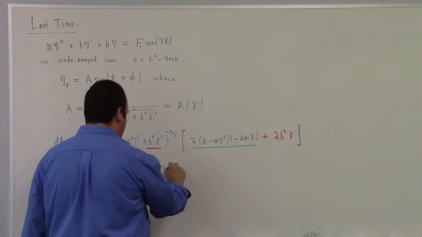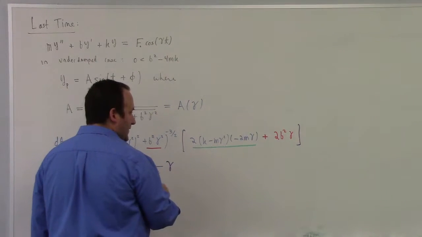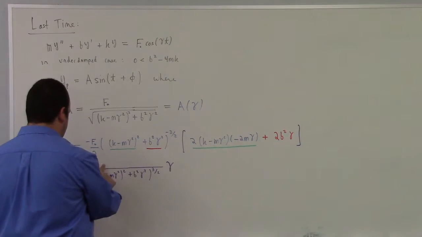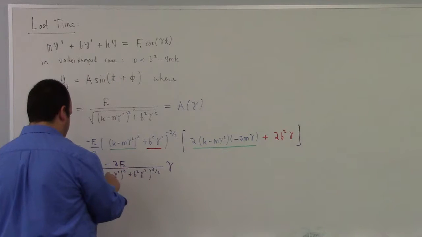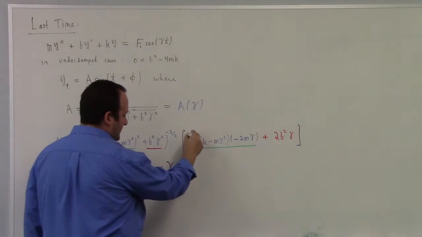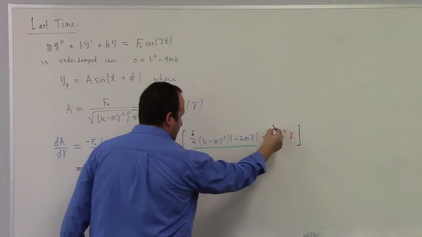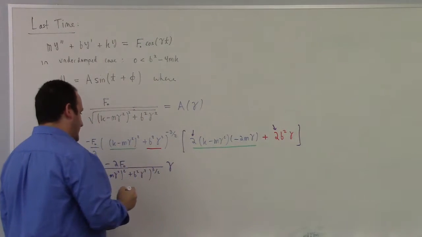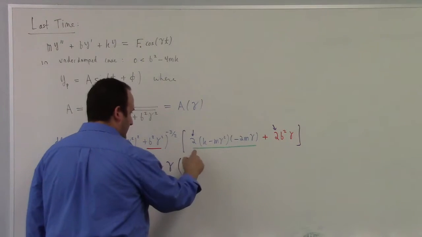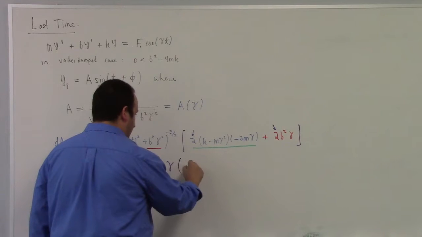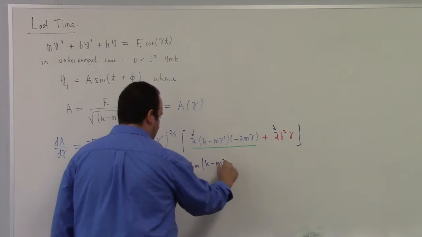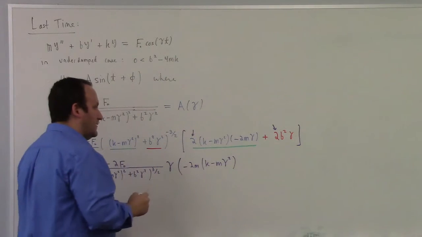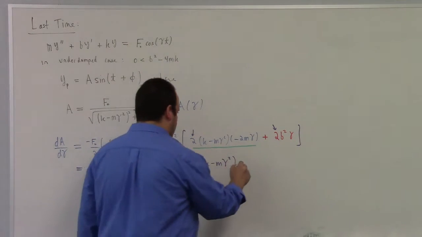Let's see, there's a common gamma here, and there's also a 2. Let me pull that out. I'm pulling this 2 and this 2 off. So that leaves me with gamma times minus 2m times k minus m gamma squared plus b squared.